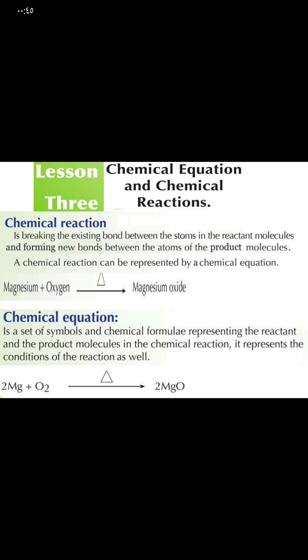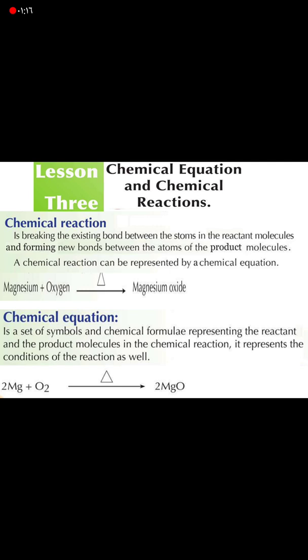So the magnesium atom changes into a positive ion, the oxygen atom changes into a negative ion, and they combine with each other to form magnesium oxide, which is the product. So we can define the chemical reaction as breaking the existing bonds between atoms in the reactant molecules and forming new bonds between the atoms of product molecules.